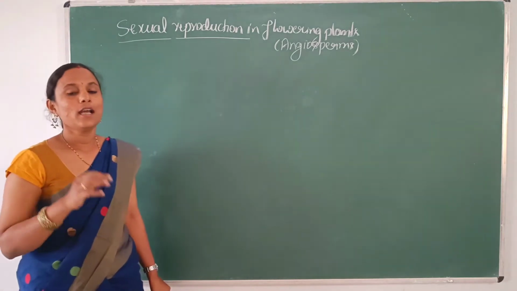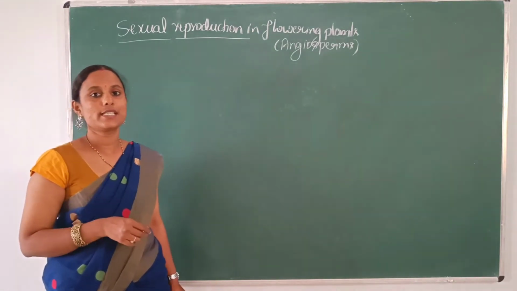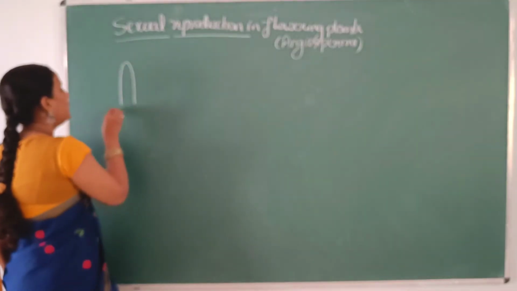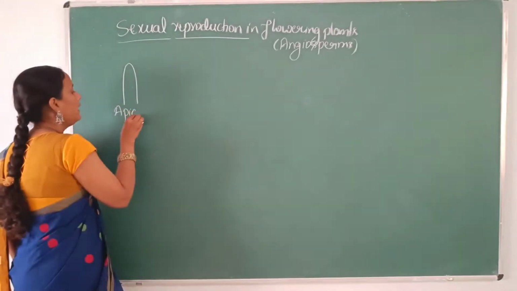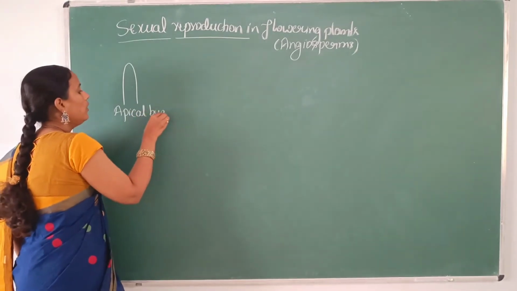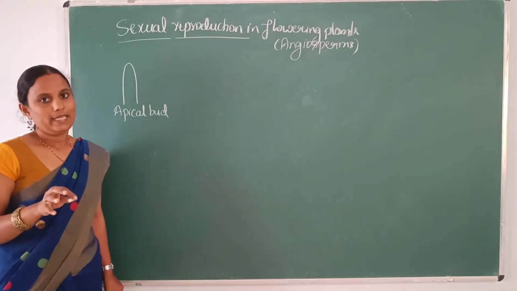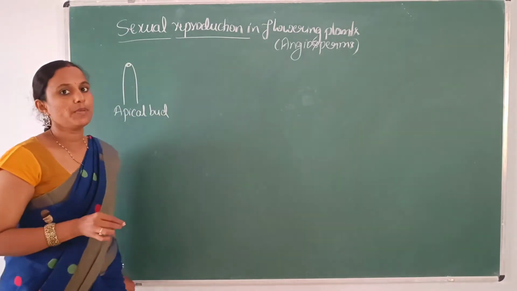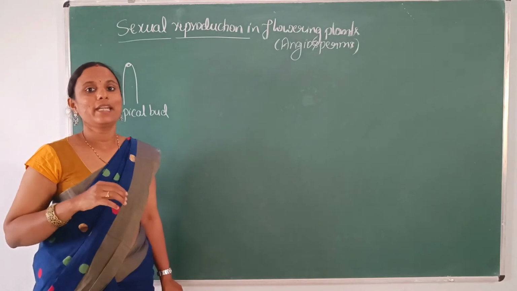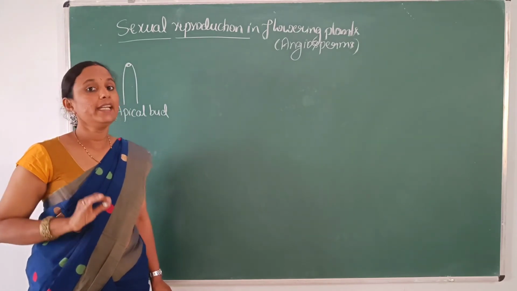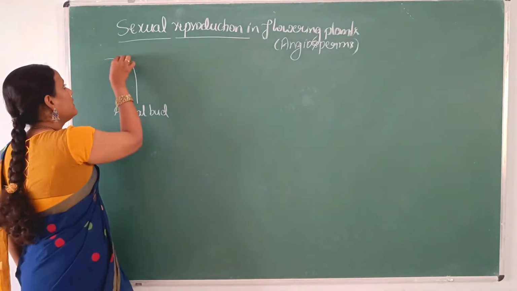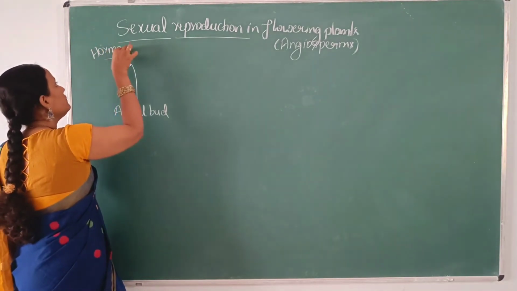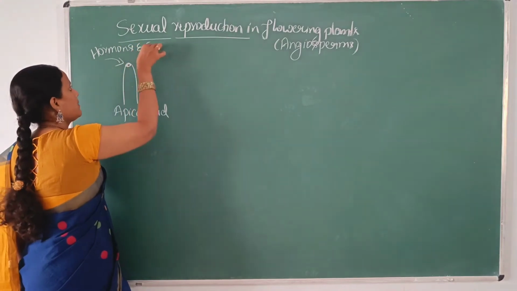Now let us understand how the flower is produced in a plant. Consider an apical bud of a plant. Here at the tip of the plant, there is presence of meristematic tissues which are actively dividing. On this, there is an action of some hormones and enzymes.